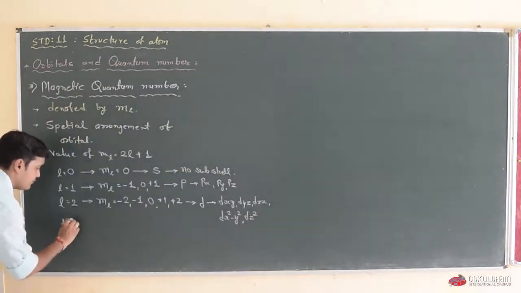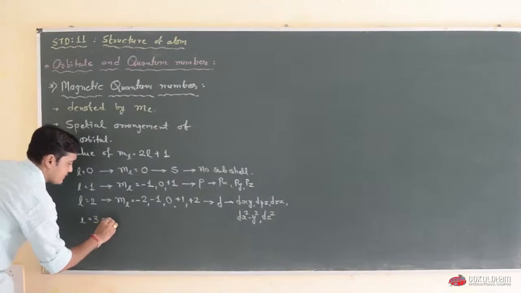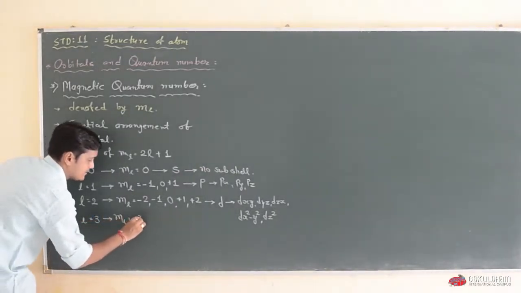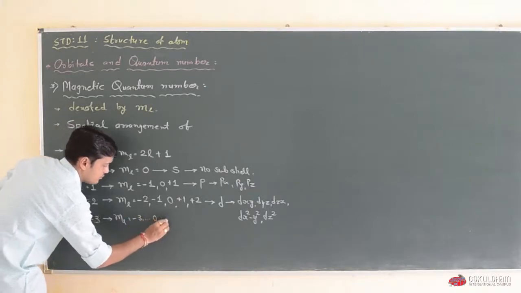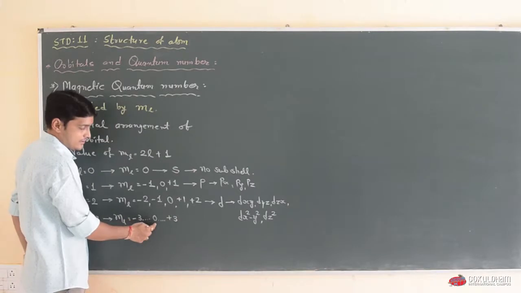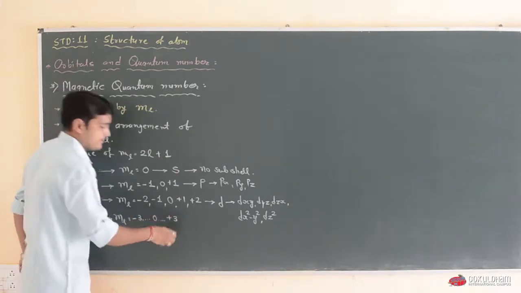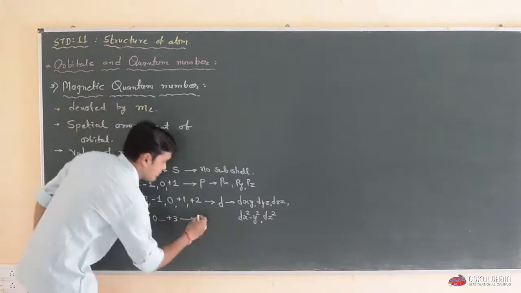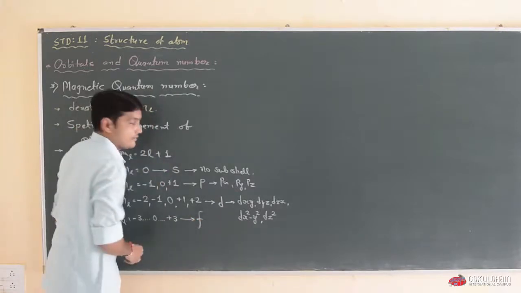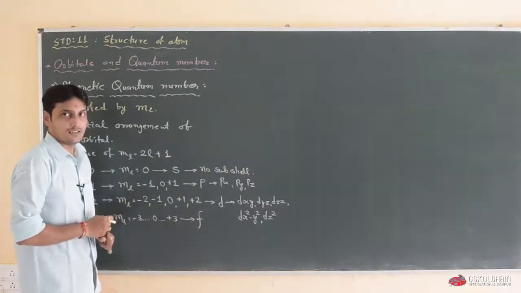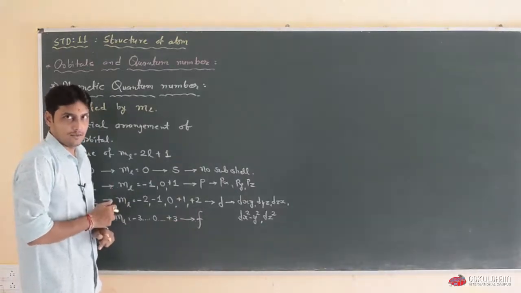And if the value of l is 3, your value of ml is minus 3, minus 2, minus 1, 0, plus 1, plus 2, plus 3. You can calculate these values and you will get 7 orbitals that is known as f type.